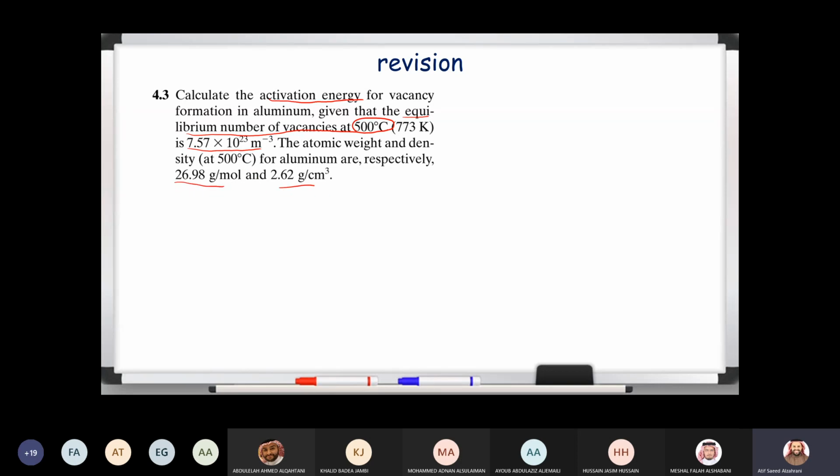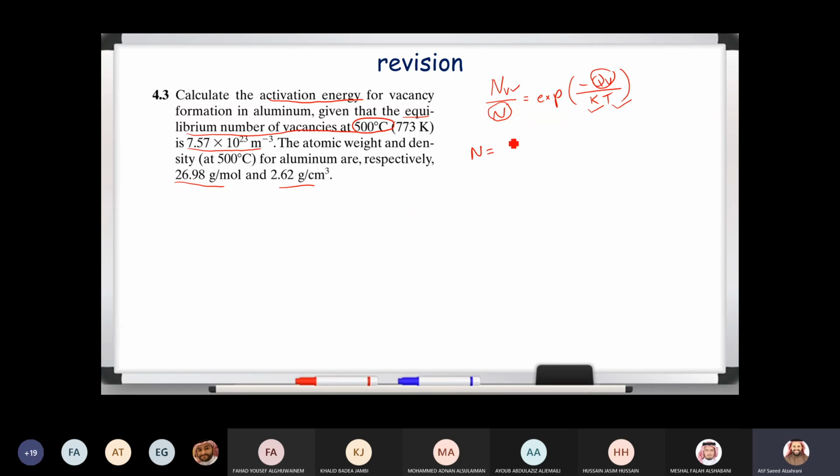So the first thing, as I said, just write down the equation: NV over N equals exponential minus QV over KT. Do we have the temperature here, guys? Yes, we have K, we have the temperature, we have the number of vacancies. The only things we don't know are the number of potential sites and QV, which is what he's asking. The N, we have done it before in the previous lecture.